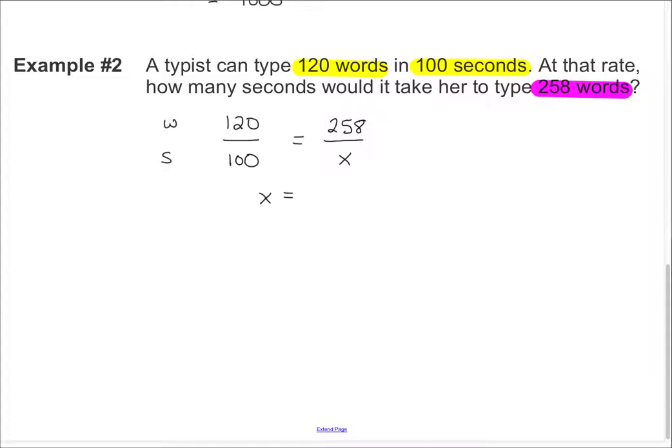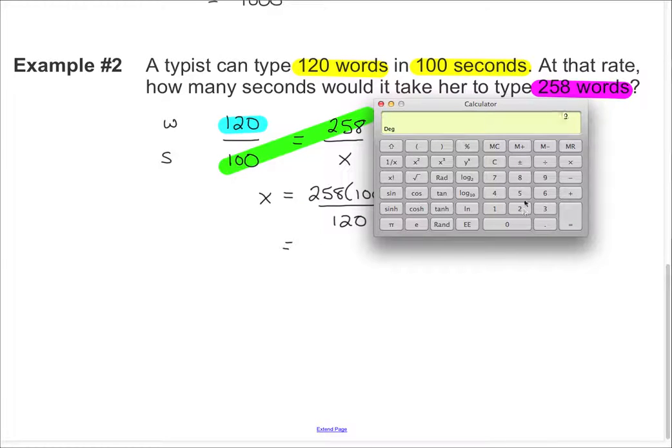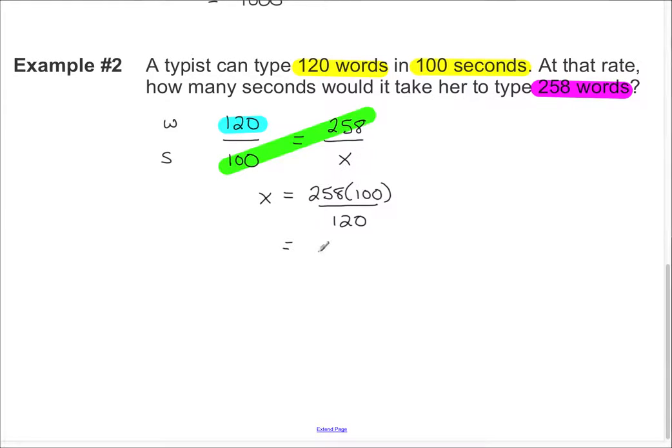And remember, with our cross multiplying, I'm going to put it on here again. We multiply the two numbers that are both there, and then we divide by the one that's left over. So we go 258 times 100 divided by 120. Let's pull out our calculator. 258 times 100 divided by 120. 215.